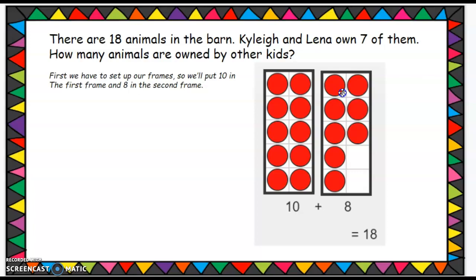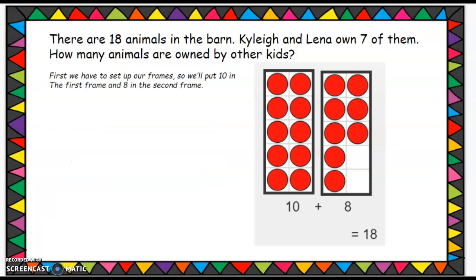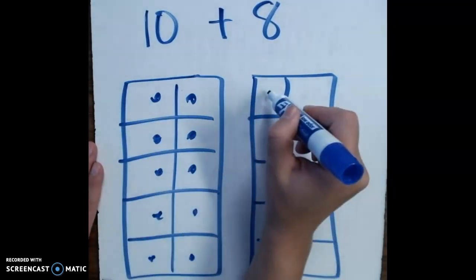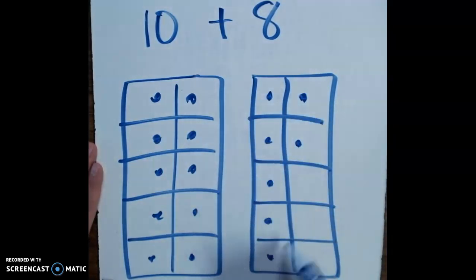Kylie and Lena own 7 of them. So as I am putting this on my board, here's 10, 11, 12, 13, 14, 15, 16, 17, 18.